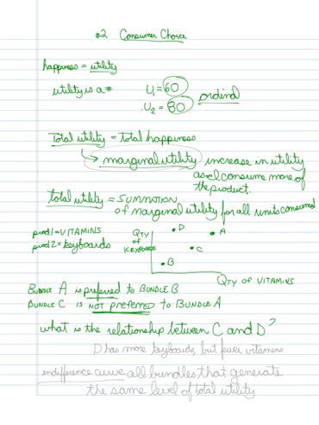So let's just write this out here. D has more keyboards but fewer vitamins.